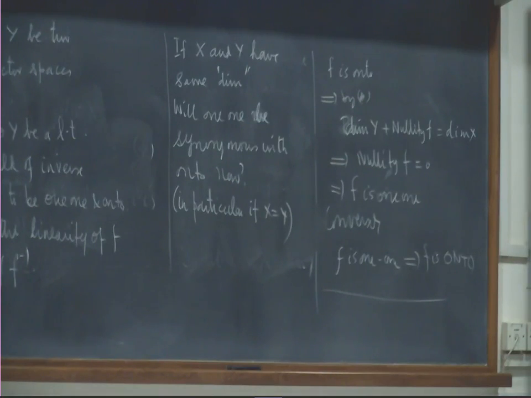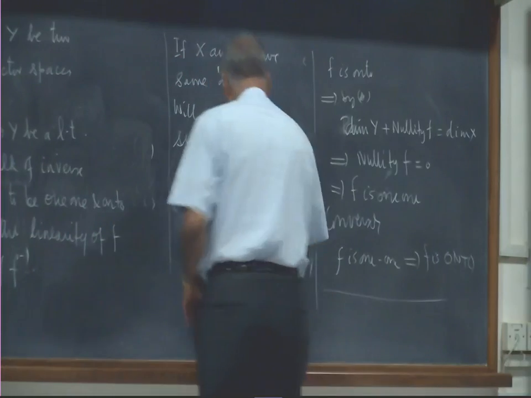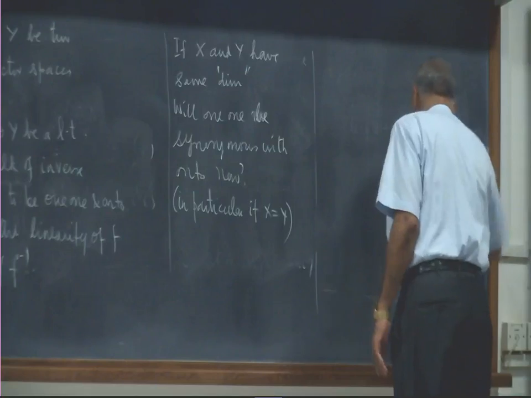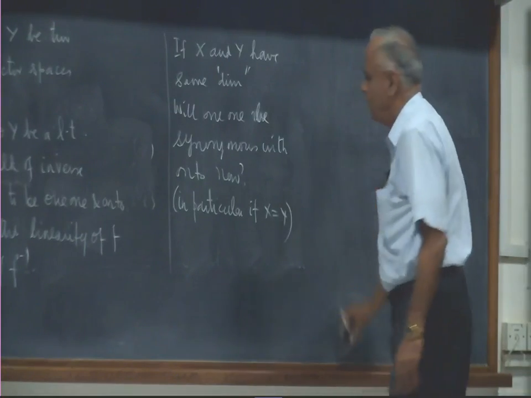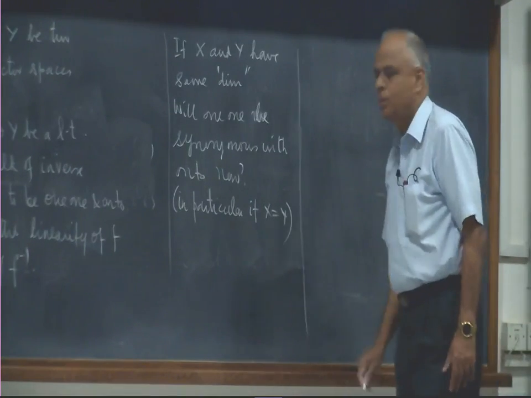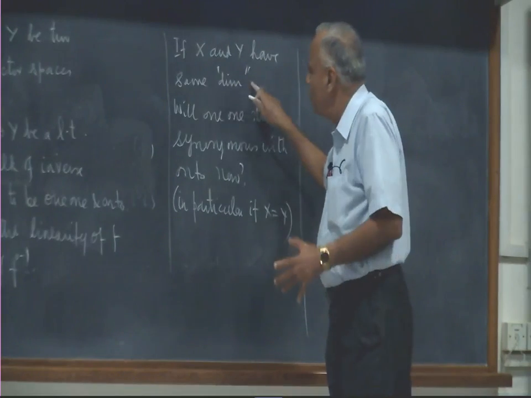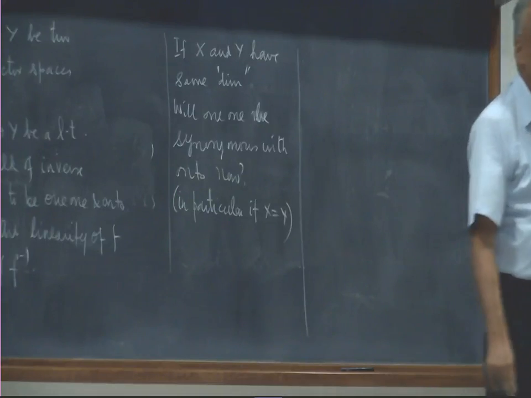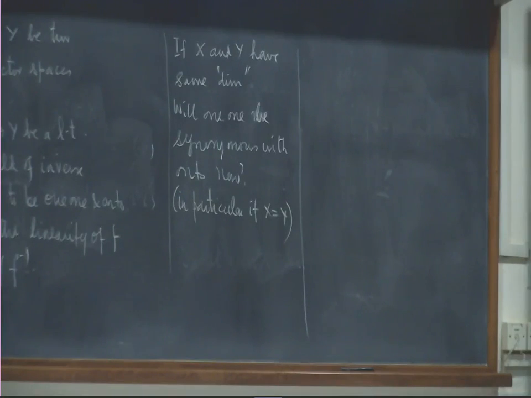So will 1-1 mean onto? Let us look at some examples to show that the situation is different when you go to infinite dimensional spaces. So in order to not be confused by being the same dimension, we will take the same space itself. So there is no question of the dimensions being comparable or anything.